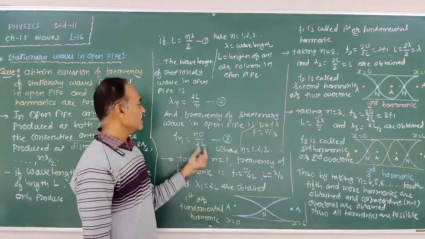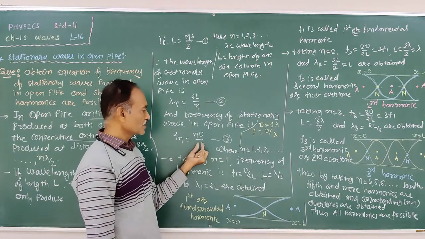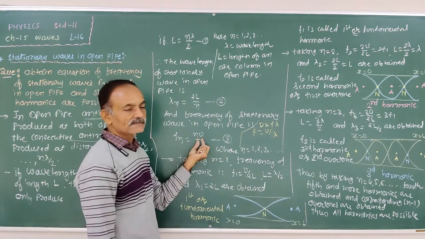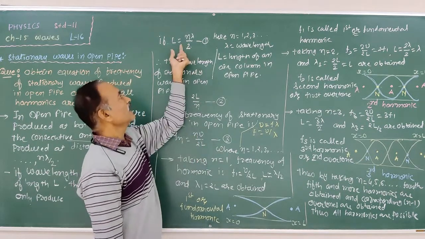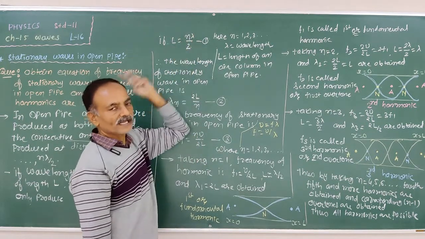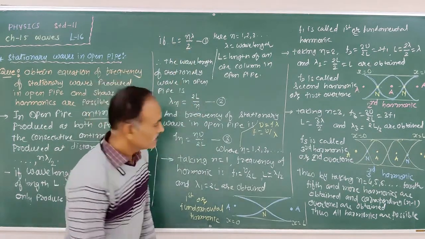Now, taking n is equal to 2, we obtain F2 is equal to 2v upon 2L, that means 2 times F1. That means the second harmonic is formed. Now, L is equal to 2 lambda upon 2, the 2s cancel, therefore in length L one full wave is formed.